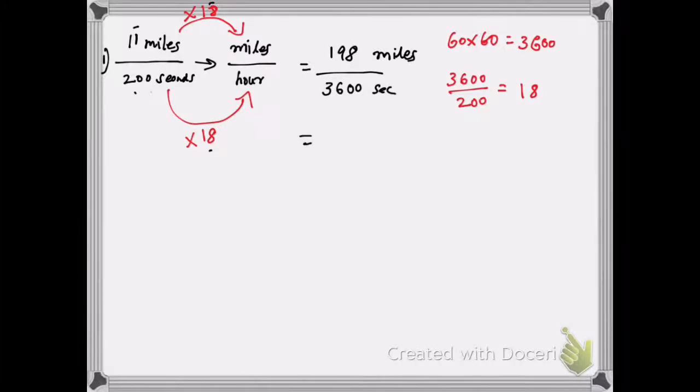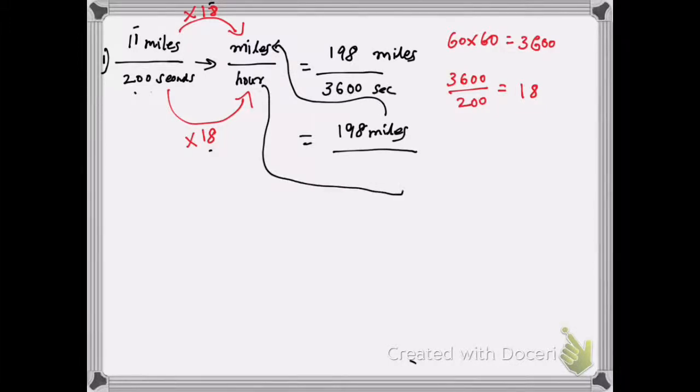And 198 miles is 198 miles, because you're asked to convert into what? Miles, correct? And here the unit has to be hour. So per hour. So 198 miles per hour.